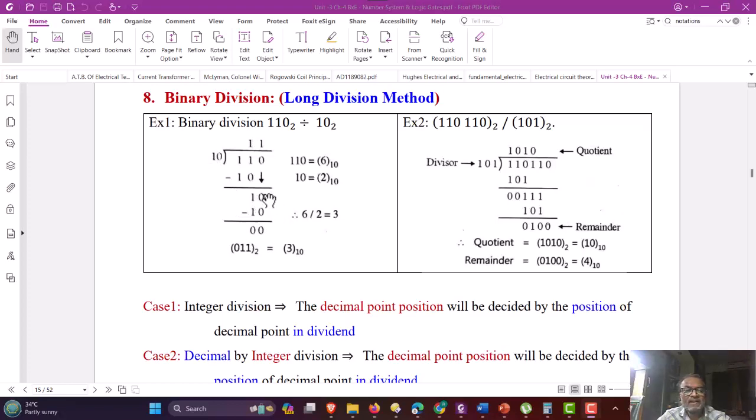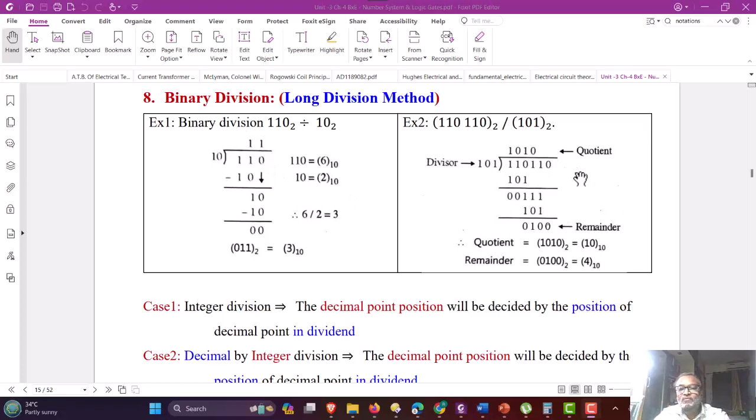And therefore you are getting the quotient of 11, which corresponds to decimal 3. 10 corresponds to decimal 2 and 110 corresponds to decimal 6. So if you check in decimal division, 6 by 2 is 3, and here the binary division also shows the same thing.